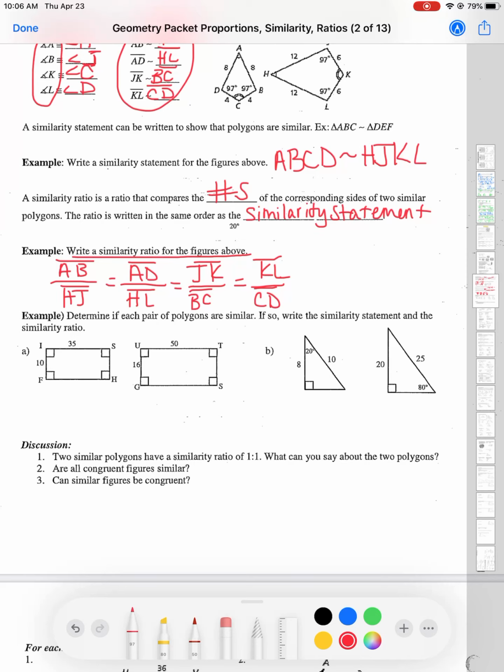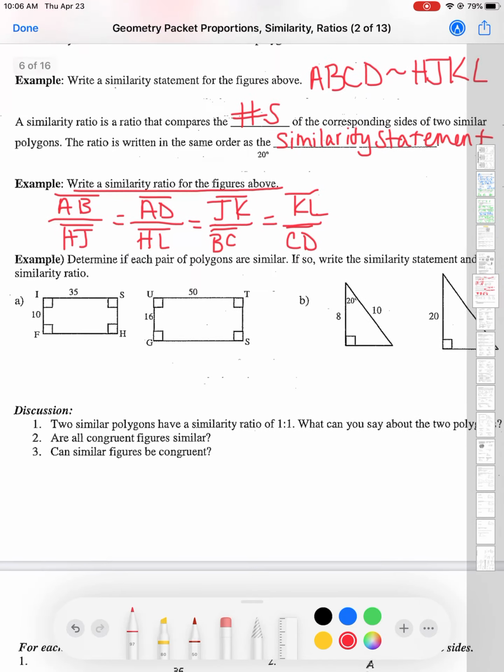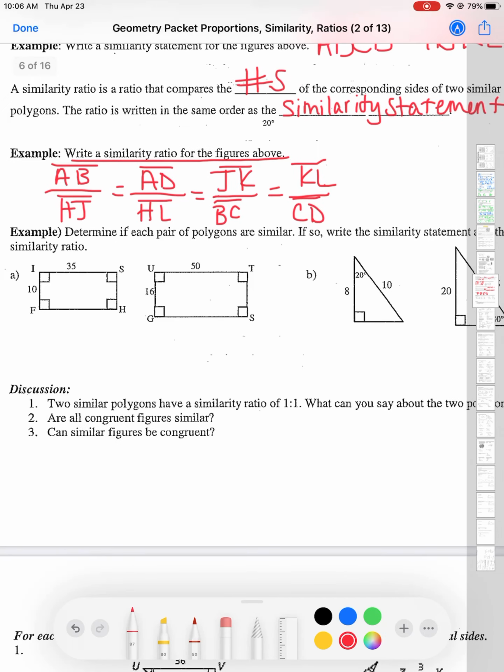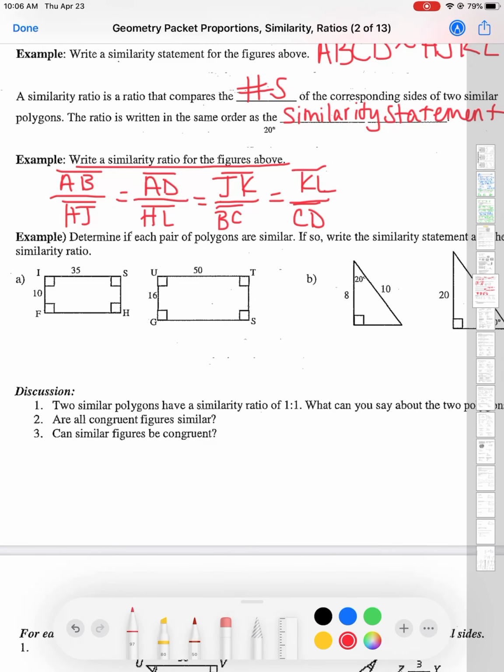Okay, determine if each pair of polygons are similar. If so, write the similarity statement and the similarity ratio. So in A, we've got 4 right angles, so the angles are good. Now all we have to do is check the sides.